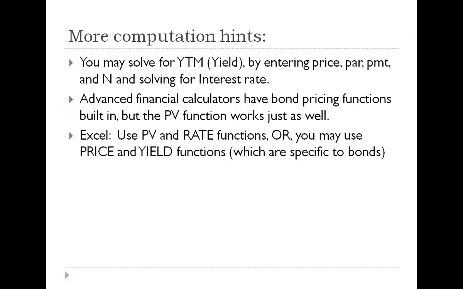They're really just using time value of money, so you're welcome to just use time value of money if you would like to. Same in Excel. There are actually functions in there called price and yield, which are very specific to calculating things for bonds. If you want to become familiar with those, you can. But it's just as simple to use present value to solve for a bond price and to use rate to solve for the yield on a bond.